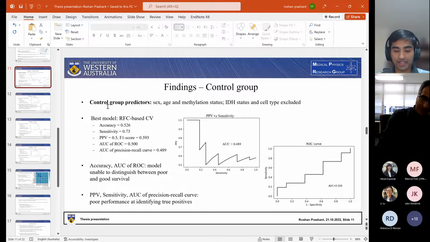From my understanding and from reading the literature, IDH status is indeed correlated with the outcome of patients who are diagnosed with glioblastoma. In particular, individuals diagnosed with IDH wild type glioblastoma tend to have a shortened survival, about half of those diagnosed with IDH mutant glioblastoma.